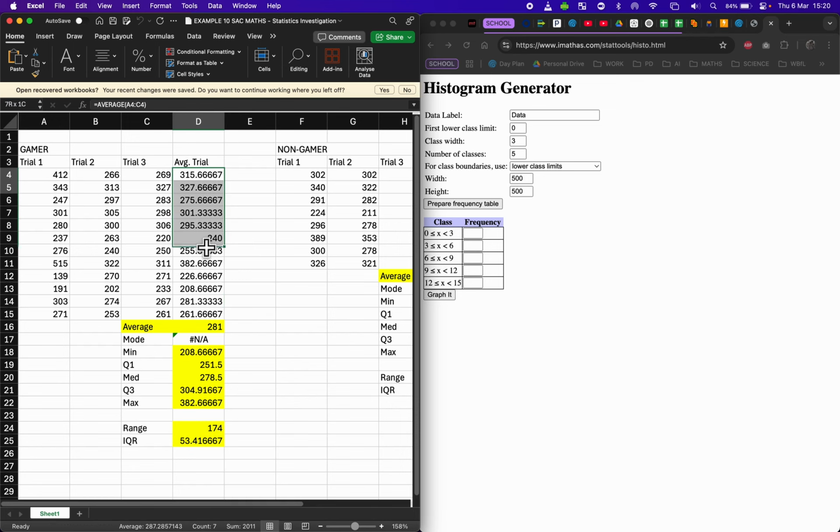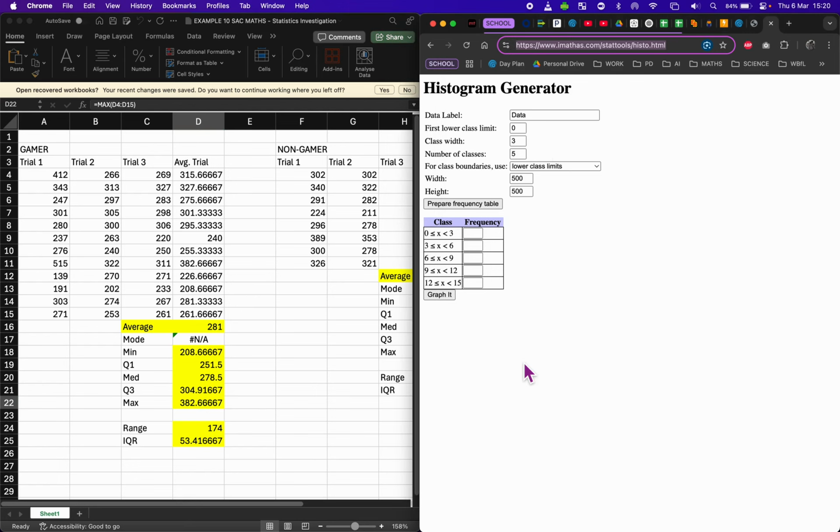You're going to show this in a histogram to show whether it's skewed one way or another, or if it's symmetrical. So remember, when you're doing a histogram, you need a number of classes that's between 5 and 10, and the classes have to fit your lowest bit of data, which we can see here was the minimum of 208, and it goes to a maximum of 382.